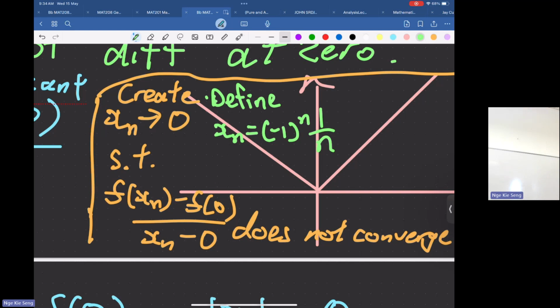Once you pick this, your sequence is: minus 1 is here, half is here, 1/3 is here. Then you need to argue that if I put this inside here, I can find two subsequences that converge, but to different numbers. Does it make sense?